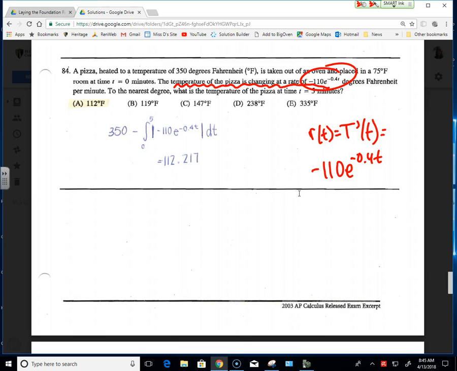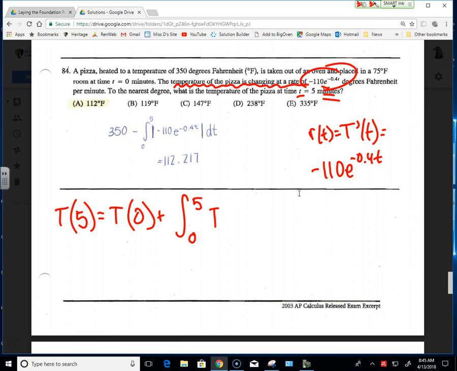To the nearest degree, what is the temperature at the end? Integration as net change. They want the final temperature. Final temperature equals, they better tell me something. They did. They told me it was 350 degrees when taken out.